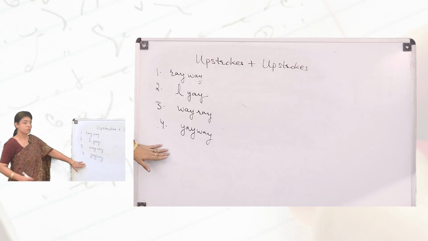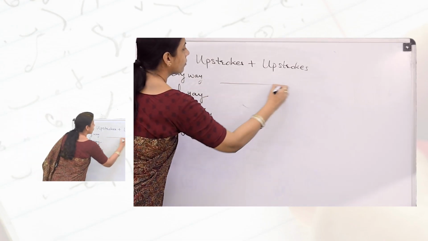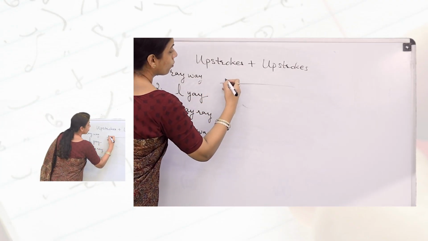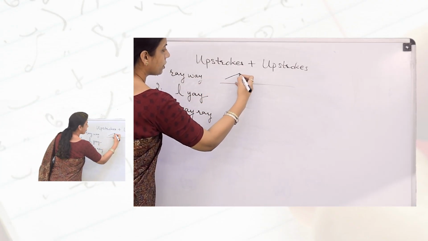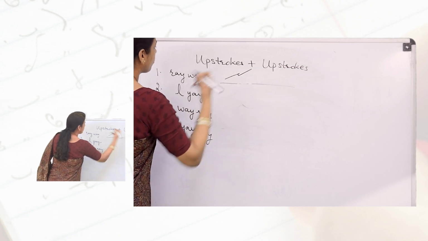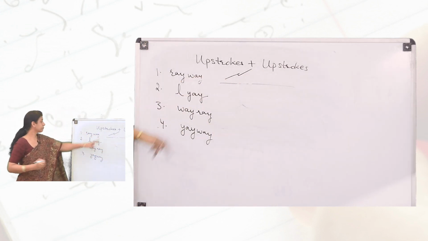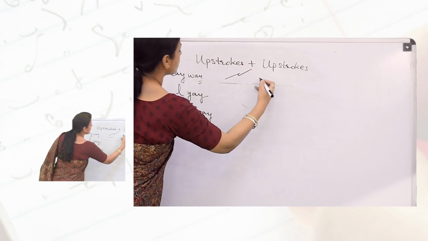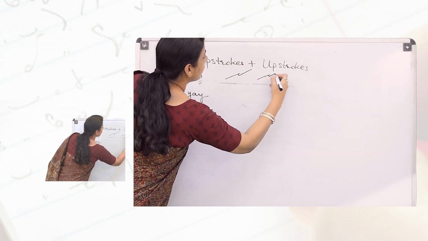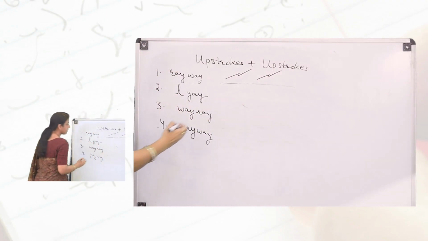Now joining of upstrokes. Now the first upstroke has to be above the line. So since both are upstrokes, we need to make sure that both are written from bottom to top. It has nothing to do with top to bottom. It has to be only bottom to top. So Ray, and wherever Ray ends, Way begins.